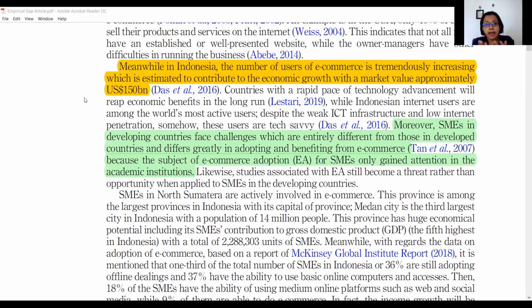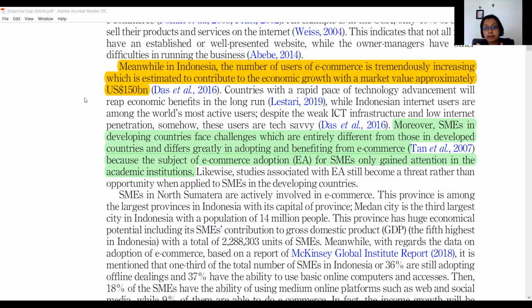So it says SMEs in developing countries face challenges which are entirely different from those in developed countries in adopting the benefits from e-commerce. Now it says when compared to the developed countries, SMEs adopting e-commerce, developing countries have another picture, right? So it says that the adoption of e-commerce in SMEs in developing countries is low.